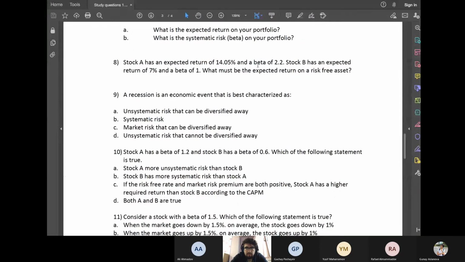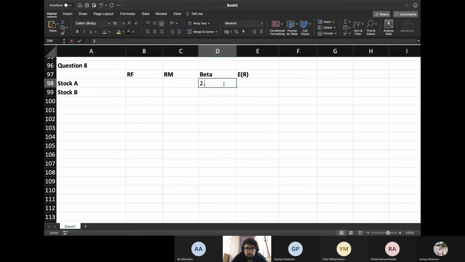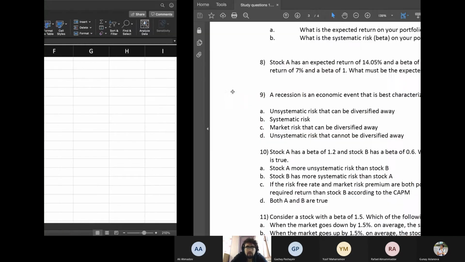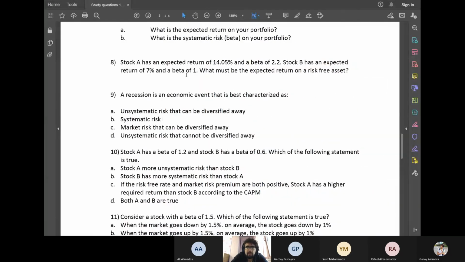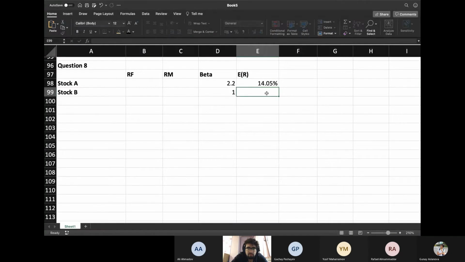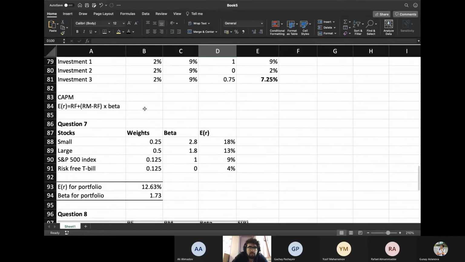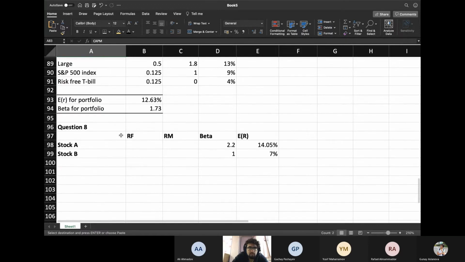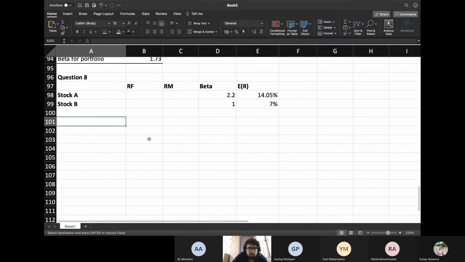Stock A has beta of 2.2 and expected return of 14.05%. Stock B, beta 1 and 7%. Let me copy down also CAPM formula here.